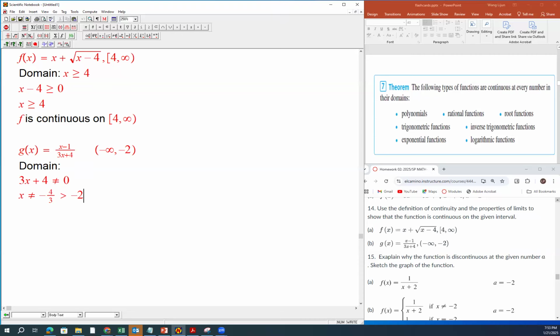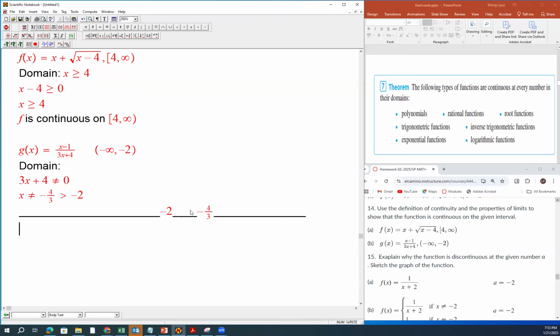So if you want to see better on this, draw a picture for yourself. Say this is -4/3. Where will -2 be? Well, -2 will be to the left of it. The interval of our interest is from -infinity to -2. And -4/3 is not in the domain, it cannot be in the domain.